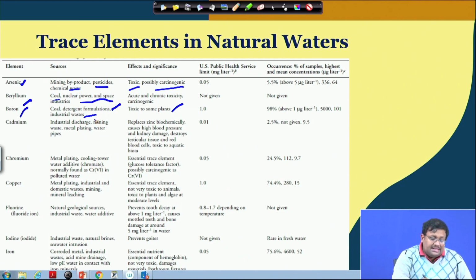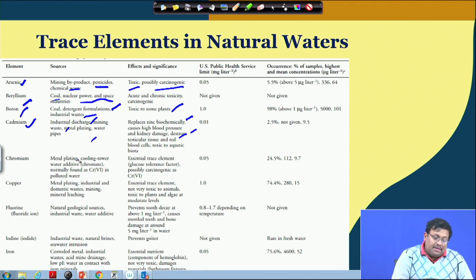Cadmium is mainly found in industrial discharge, mining waste, metal plating and water pipes, and it produces problems by replacing zinc biochemically, causing high blood pressure and kidney damage. It also destroys testicular tissue and red blood cells, and is toxic to aquatic biota. So, cadmium is another important trace element which creates different types of environmental hazards.